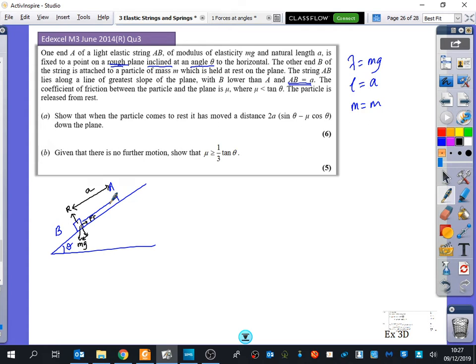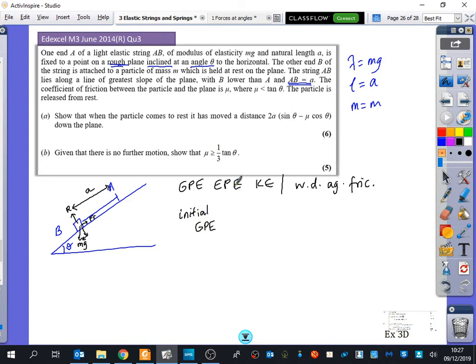Okay, so again we think about the 3 different things we've got: GPE, EPE, KE, and also work done against friction. What's it got to begin with? It has got GPE.